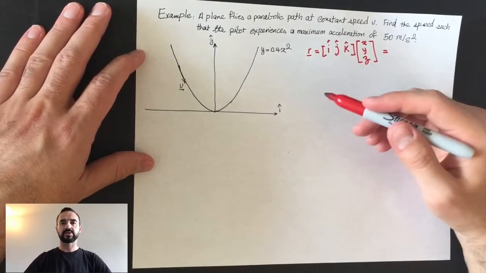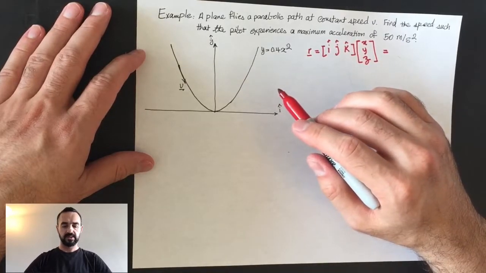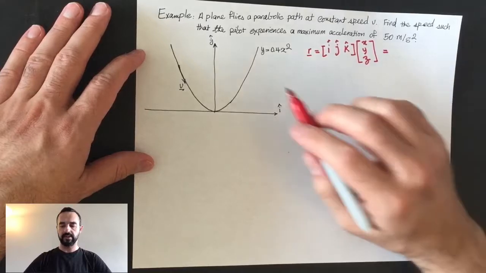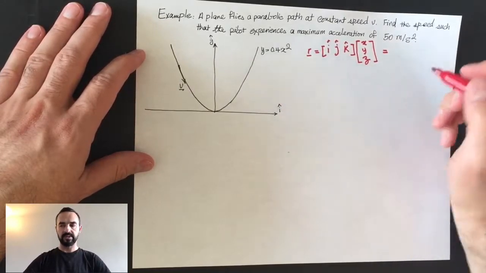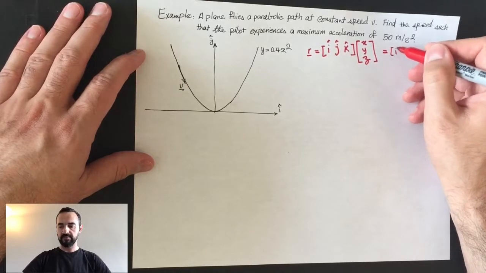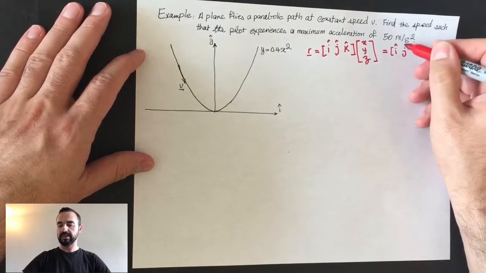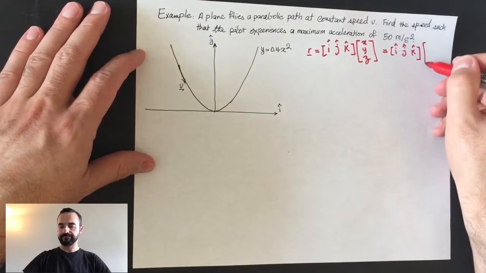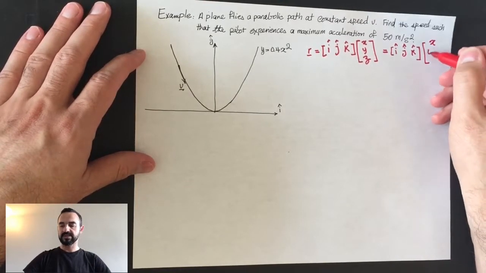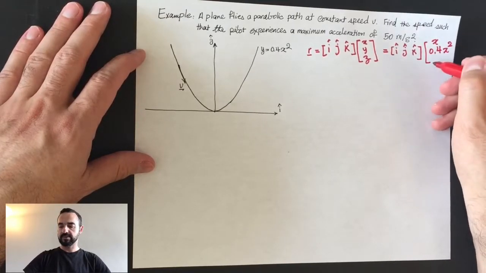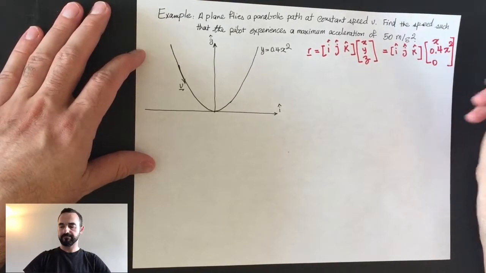Because the plane travels on this plane, essentially there is no z component. Y component is 0.4 x squared. So this is going to be i hat, j hat, k hat: x, 0.4 x squared, and 0.